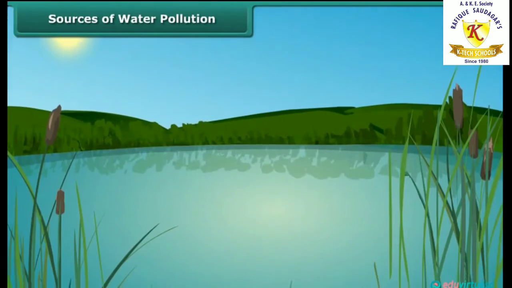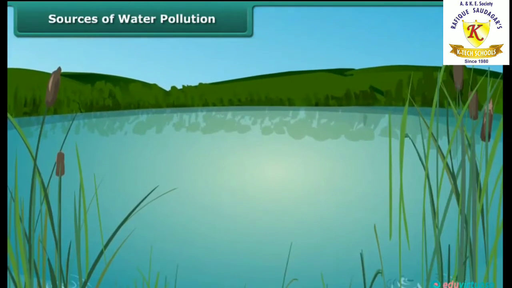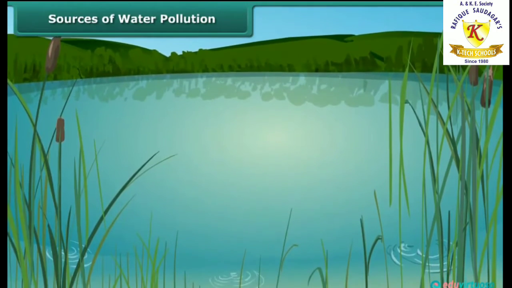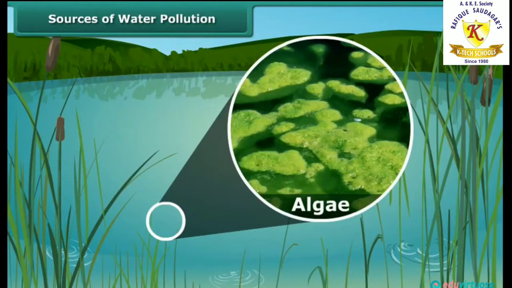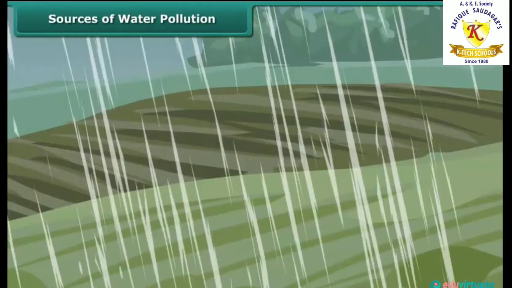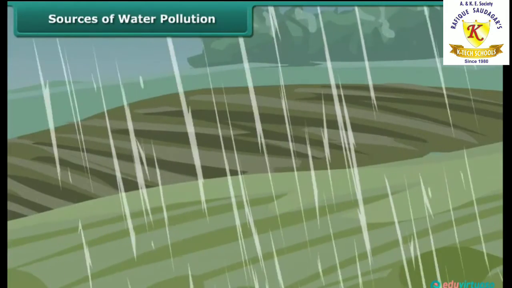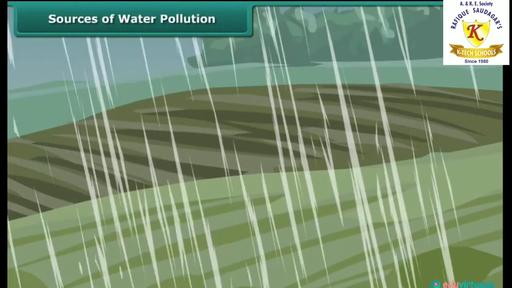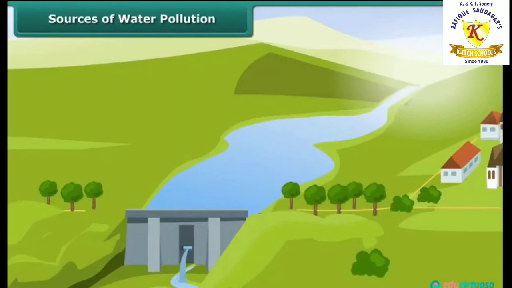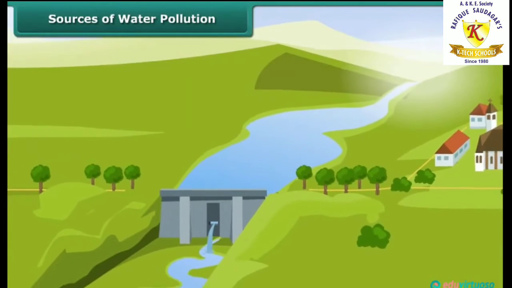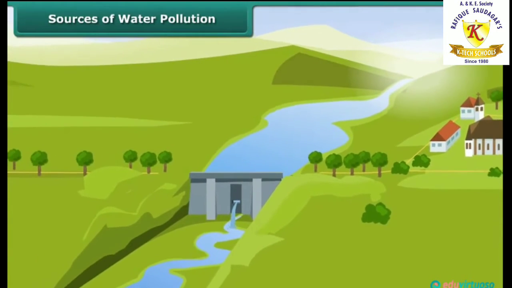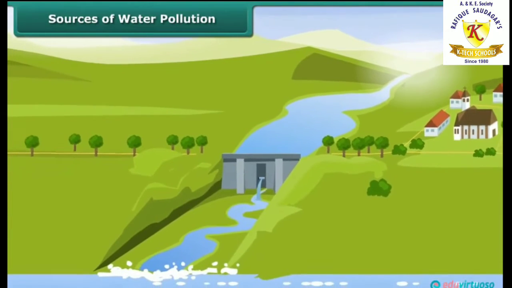Children, have you seen ponds which look green from a distance? This is due to algae grown in it. Do you know how these algae grow in a pond? During rainfall, a large amount of fertilizer gets washed from the fields and falls into the ponds and rivers.